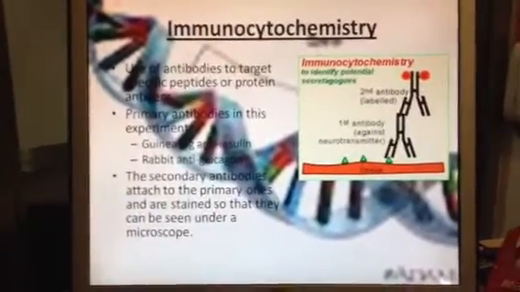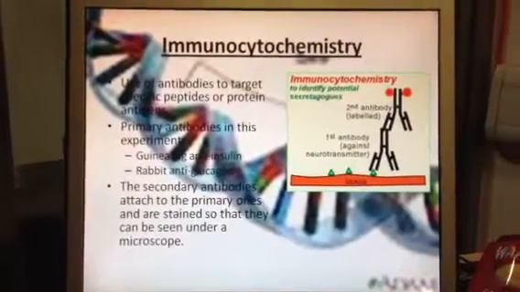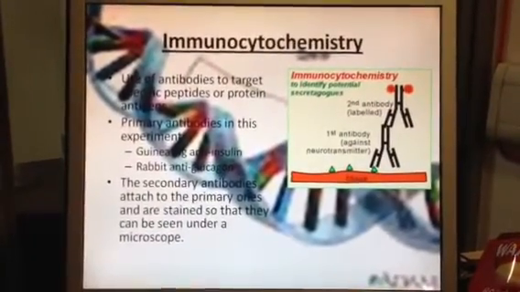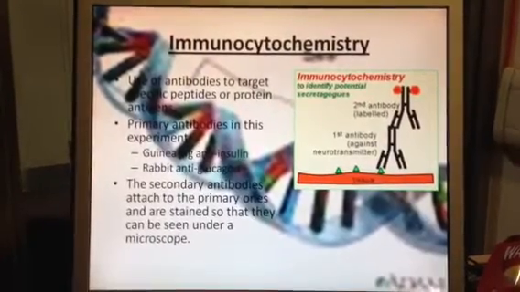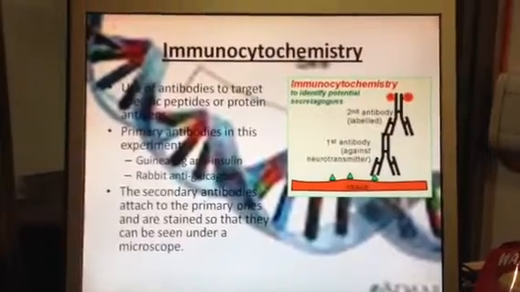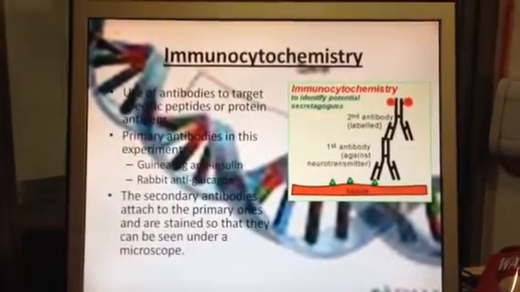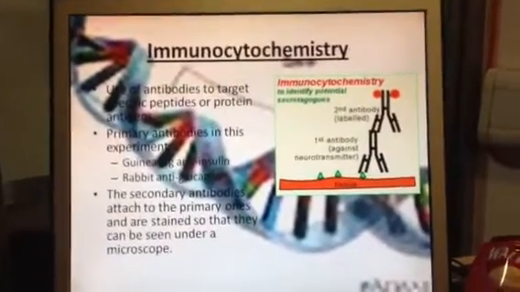Okay, so immunocytochemistry. Immunocytochemistry is a technique that uses antibodies to target specific peptides or protein antigens. The following primary antibodies were used for immunocytochemical staining: guinea pig anti-insulin, and rabbit anti-glucagon.